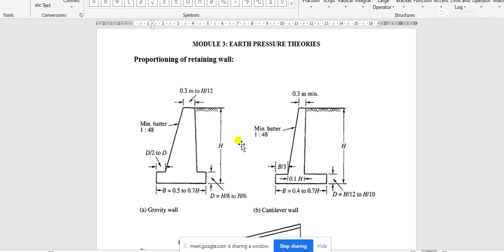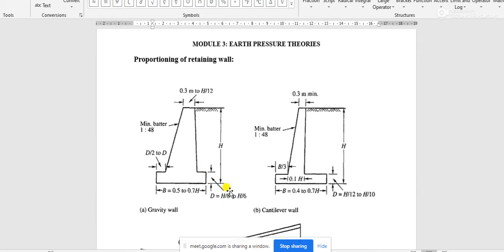So first of all, the primary dimension is h, the total height of the retaining wall. From h you can calculate this slab thickness, this base slab width, all those things.